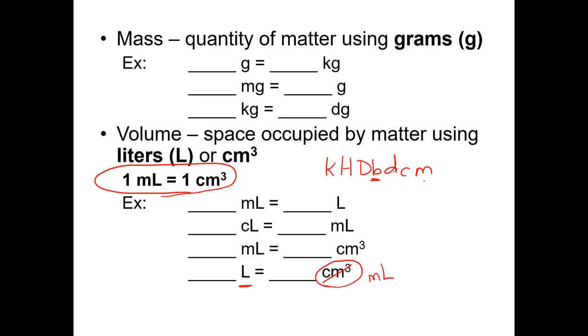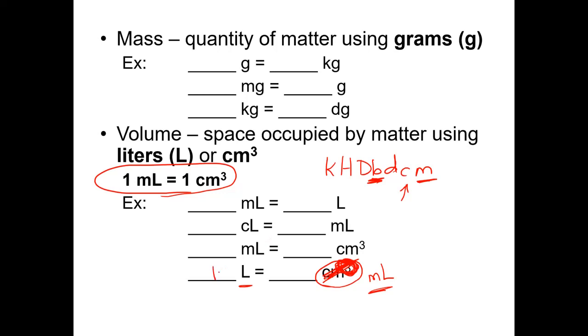So I'm asked in this example to convert from liters, my base, to milli, not centi. Anytime you see this little cubed, you're going to have to be careful. Cross that whole thing off and rewrite it as milliliters. Okay, and then the problem becomes easy.